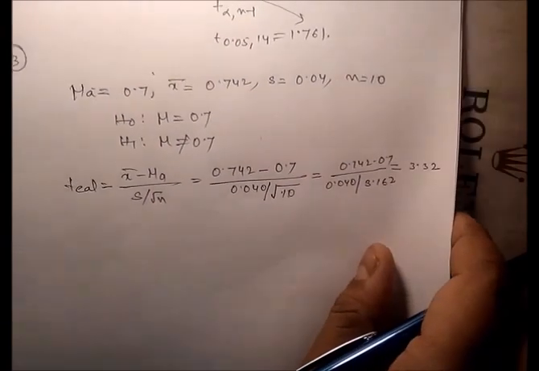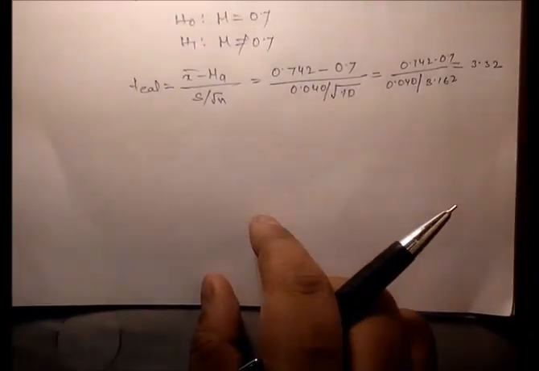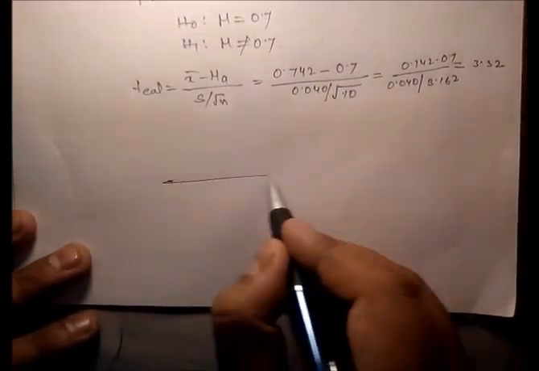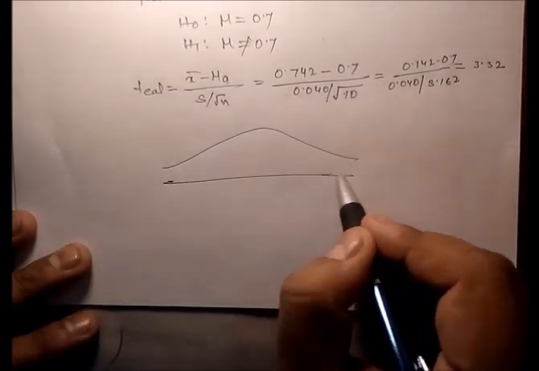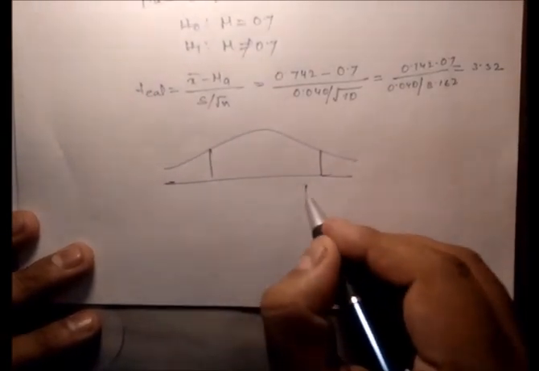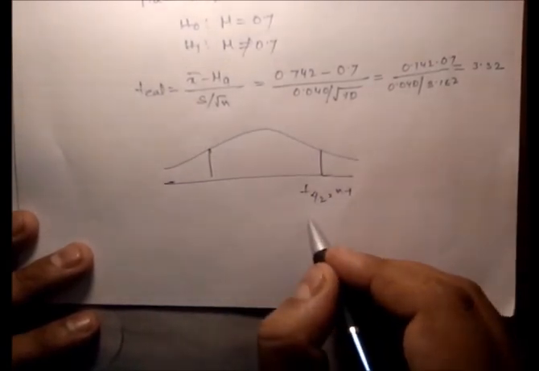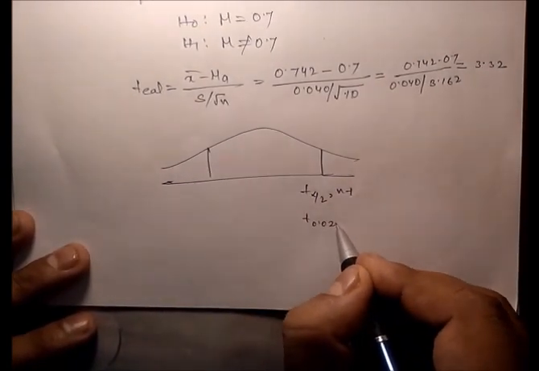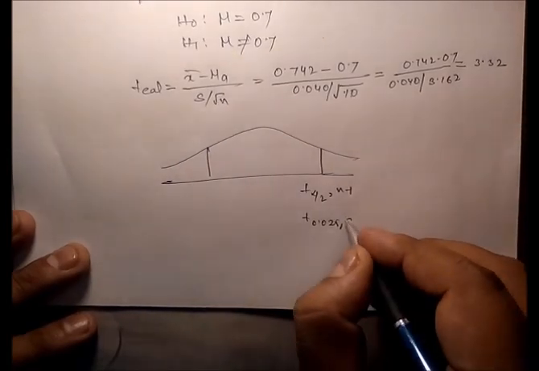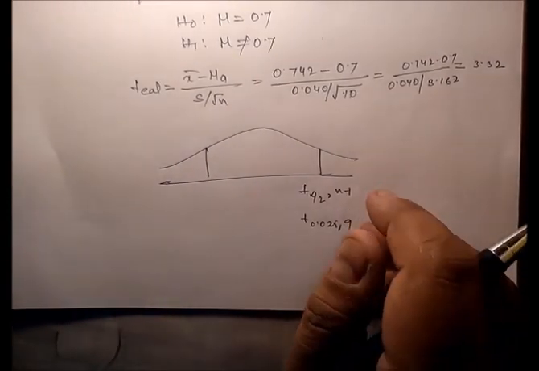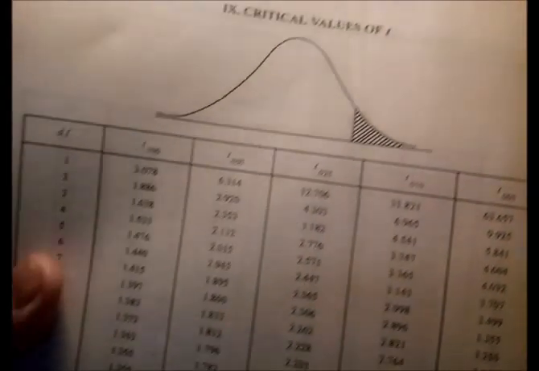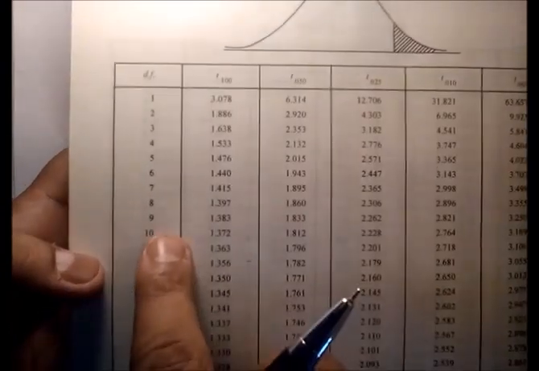Now it's a two-tail test, so we have to identify the table value. t alpha by 2, n minus 1: alpha by 2 is 0.025, n is equal to 10, so degree of freedom is 9.